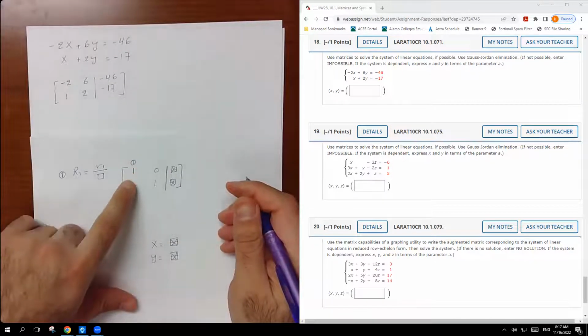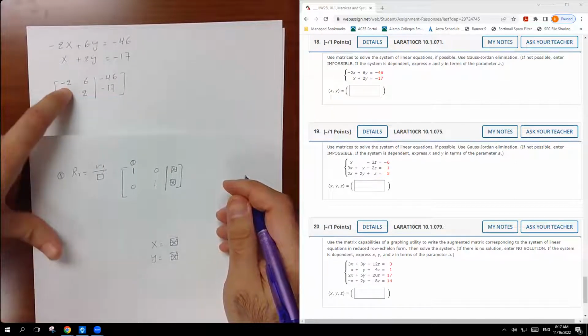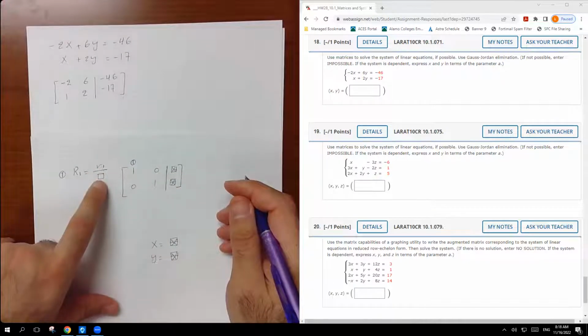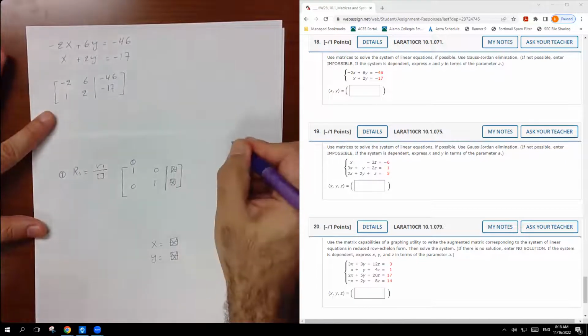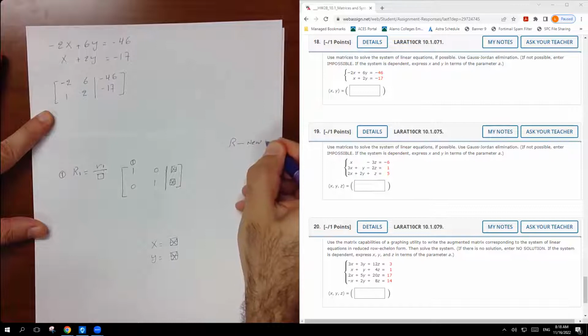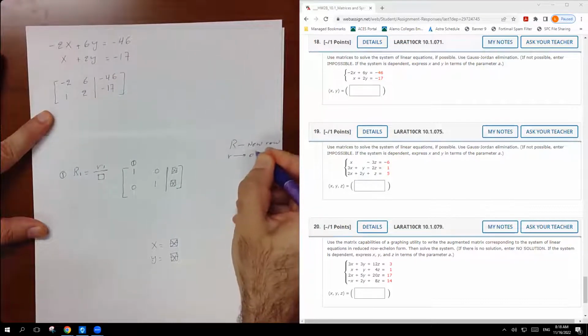Step 1, what's the number here? It's negative 2. You're going to divide the whole R1 by negative 2. This is the new row, and here is the old row.